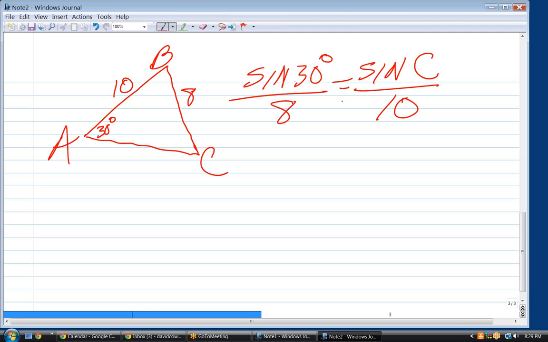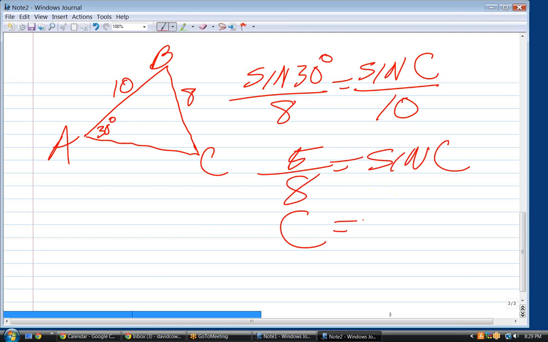Sine of 30 is 1/2, so we've got 10/16. 5/8 is equal to the sine of c. Take the inverse. What is c equal to? What's the inverse sine of 5/8? 38.68. Round it off, 38.